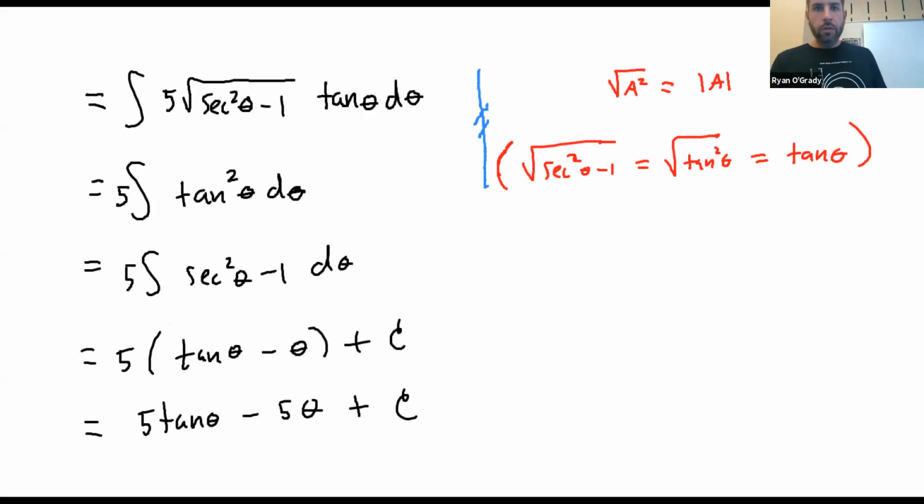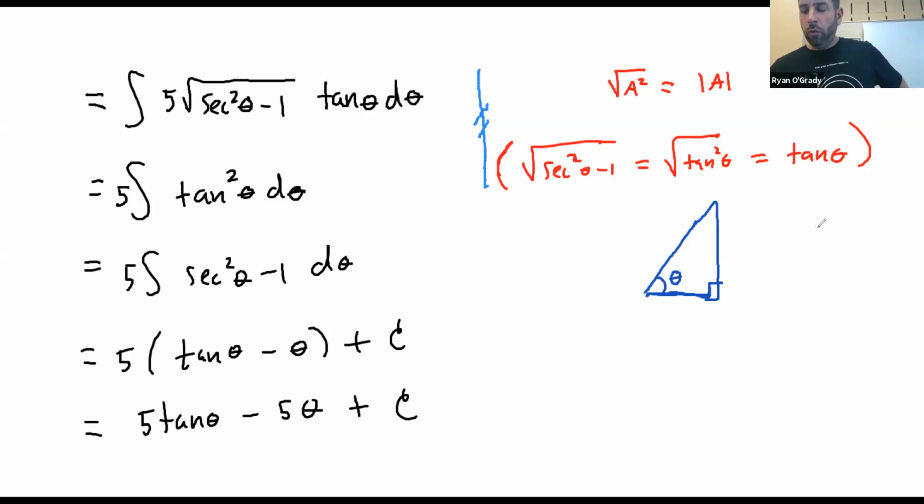And so the way to do this is to draw a triangle. At least this is how I would encourage you to do it. So what is our triangle? We have some right triangle here. We have some angle theta.